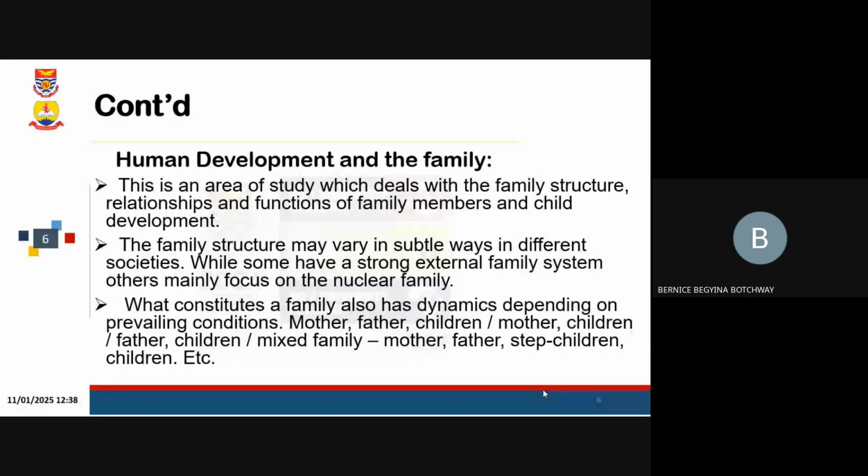So the first concern that I talked about was the human development in the family. This area can be found in management in living, and it talks about the family structure and how the individuals in the family can contribute to the welfare of the family, and also the upbringing of children, everything about children's development. We learn all those things from there.